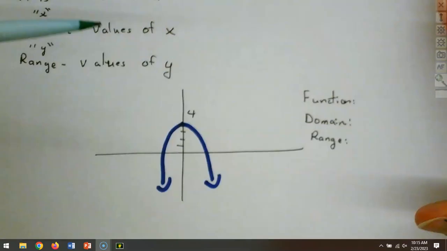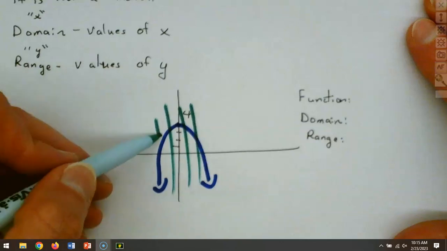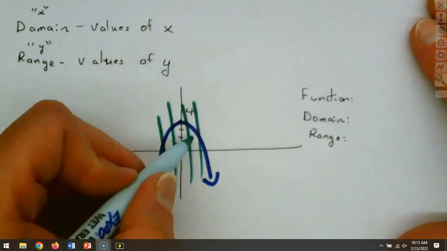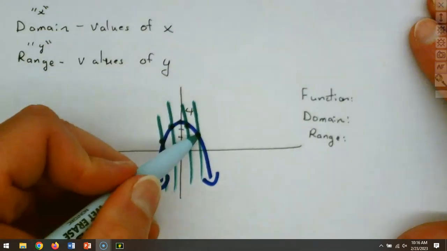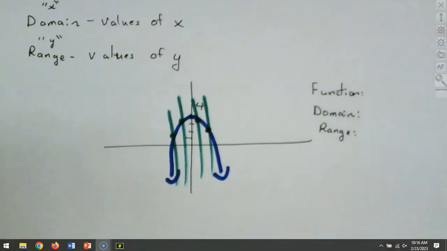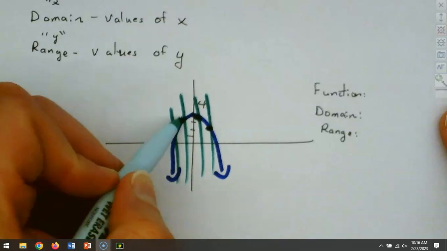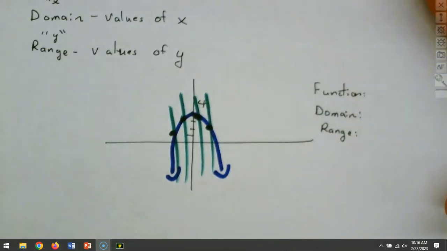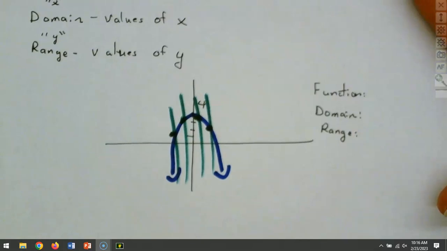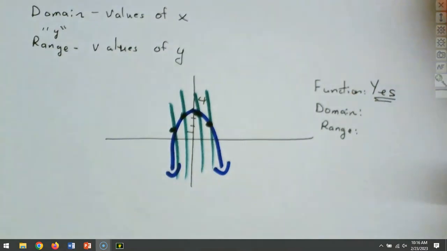Well, to determine if it's a function, we draw vertical lines. So we're going to draw vertical lines through the graph here. Now look at each line. How many points does each line touch? Okay, each line only touches that graph at what? One place each, right? This one touches at one place, this one's one place, this one's one place, that one's one place. If it touches at only one place, then it is a function. If it touches more than one, it's not. So this would be a function. And what about the domain and the range?